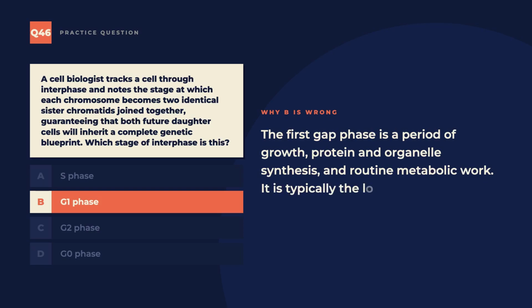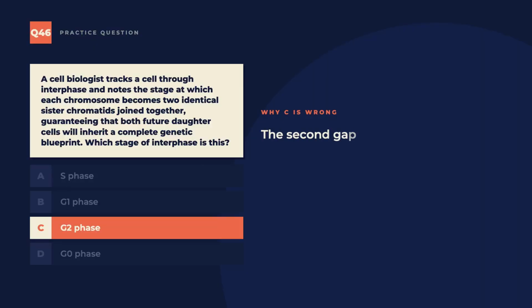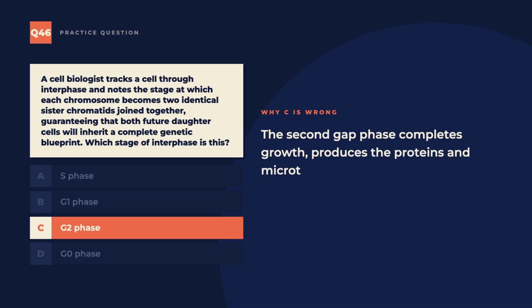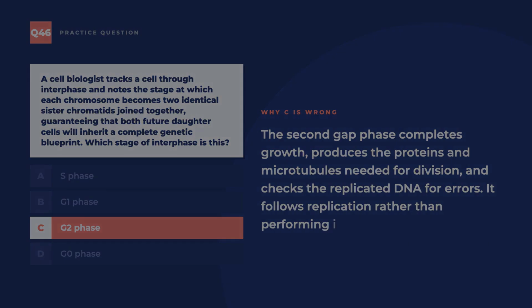It is typically the longest and most variable stage but involves no DNA copying. C is wrong because the second gap phase completes growth, produces the proteins and microtubules needed for division, and checks the replicated DNA for errors. It follows replication rather than performing it.